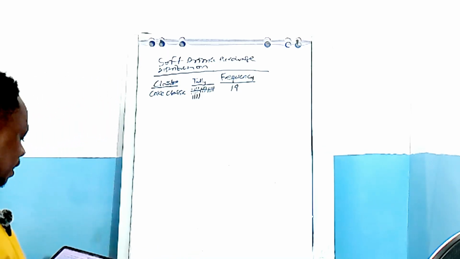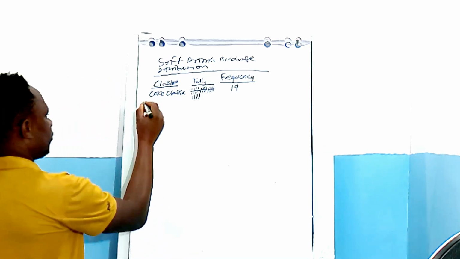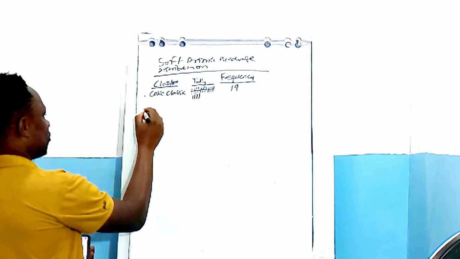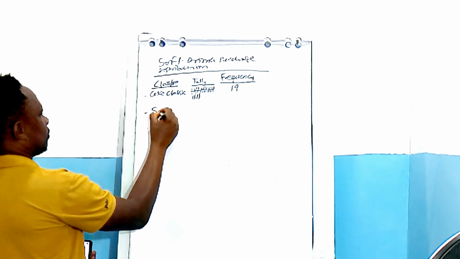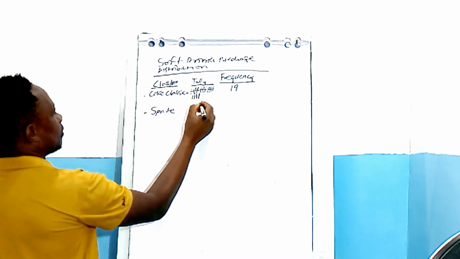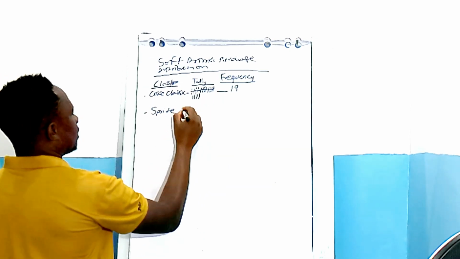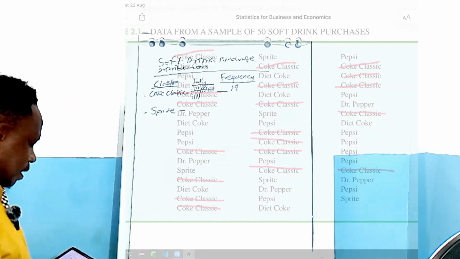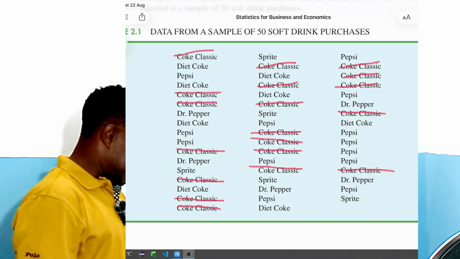The next one we can take from this table here is Sprite. And then we can go again and count the Sprite.